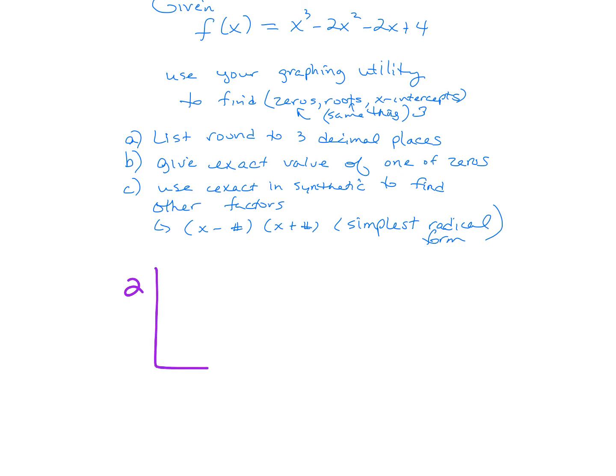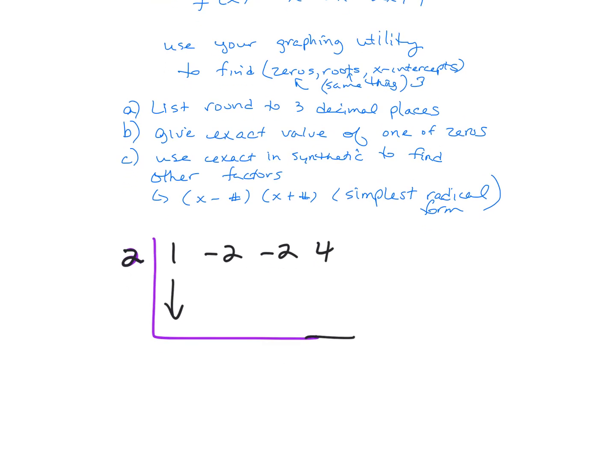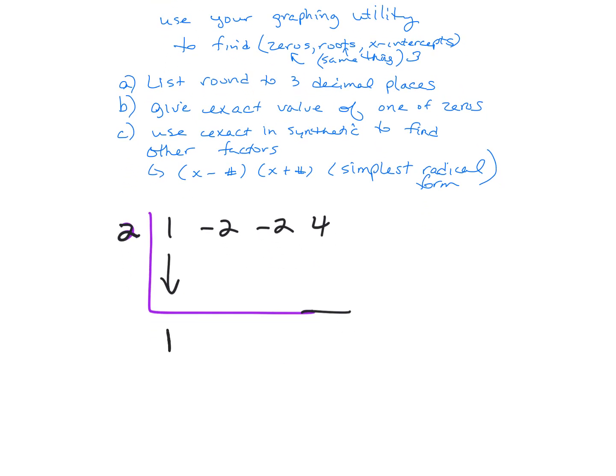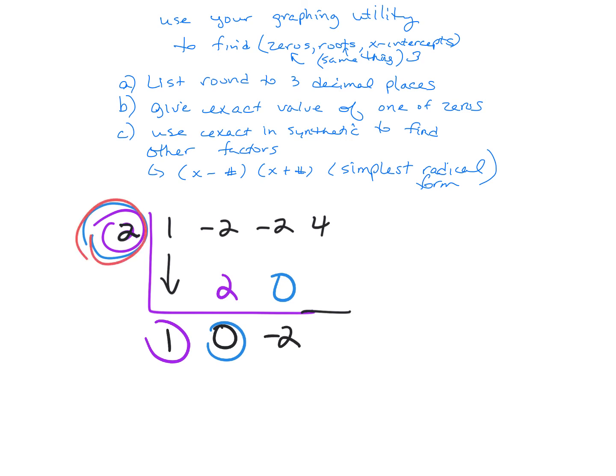And I'm going to do synthetic division here to get this down to a quadratic, because right now it's a cubic. So I'm going to bring down, multiply, add the column, multiply, add the column, multiply, add the column.